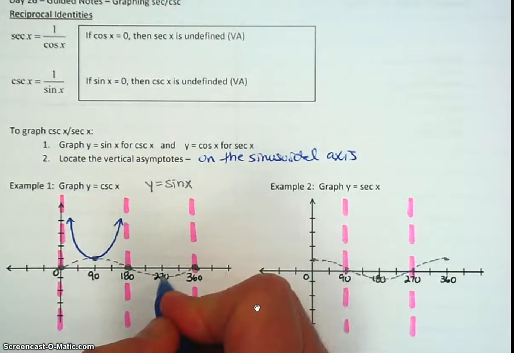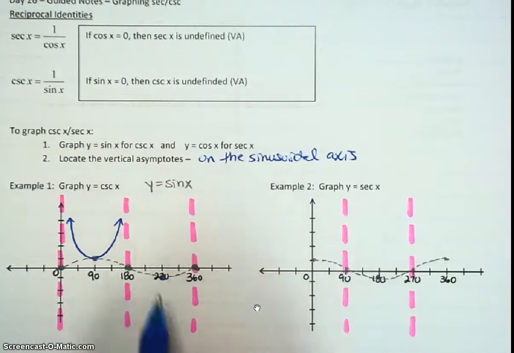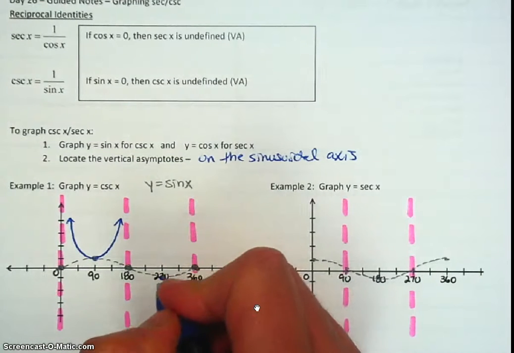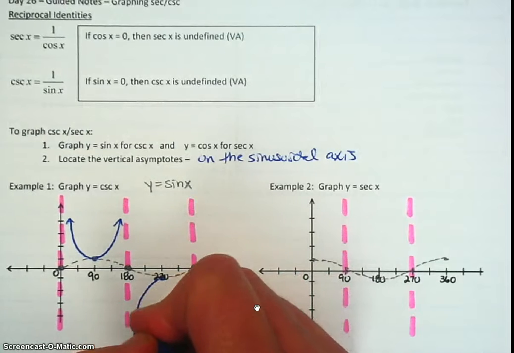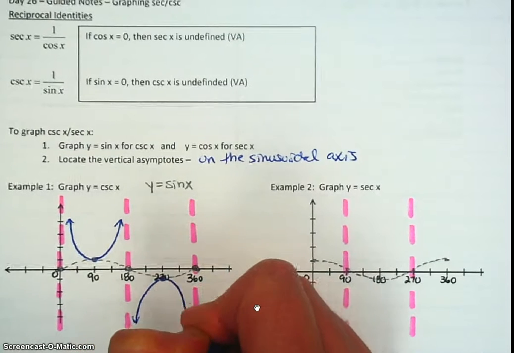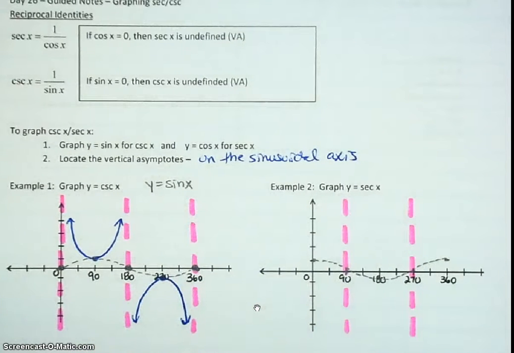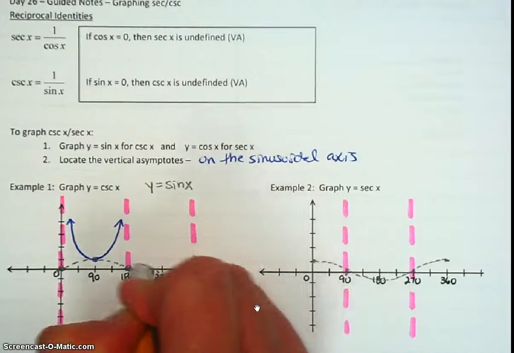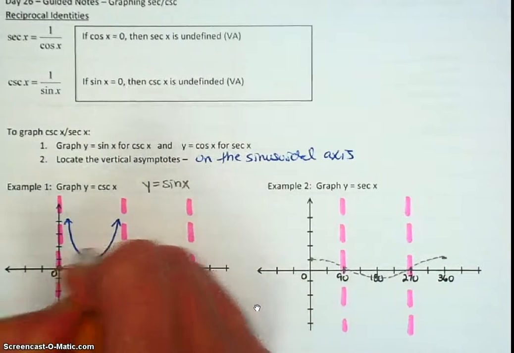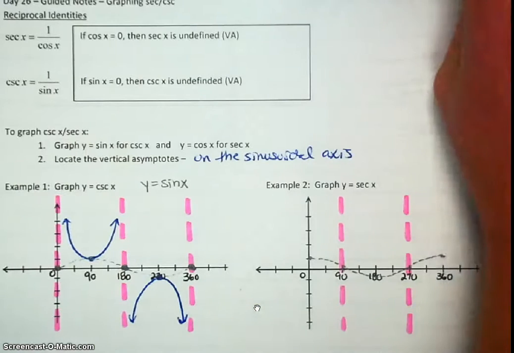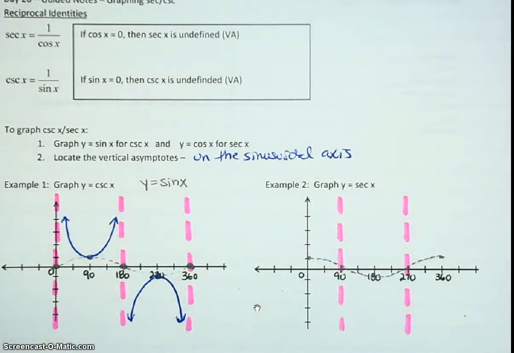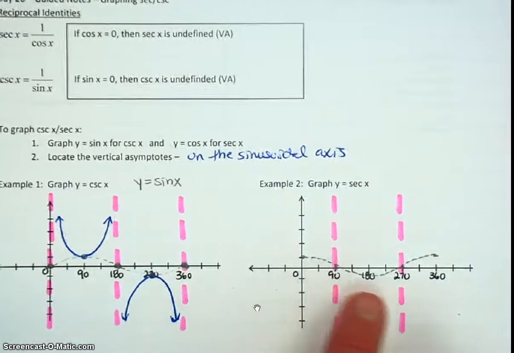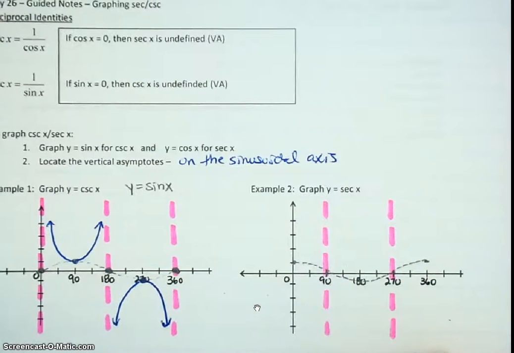And then we come down here, and we had a minimum point right here that we're going to use as our reference point to flip that one downward. Now, what I have in blue there is technically the cosecant graph. This, what I had in pencil, that's really not part of the graph, but I graphed that in order to draw the cosecant. The same thing kind of happens over here with the secant curve.